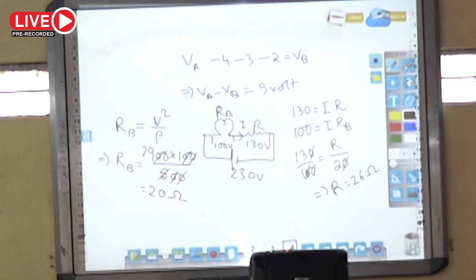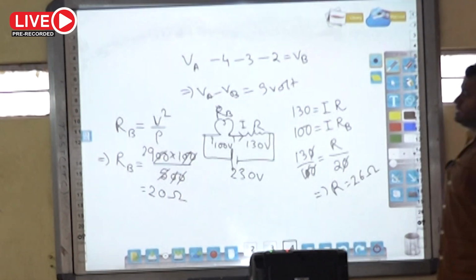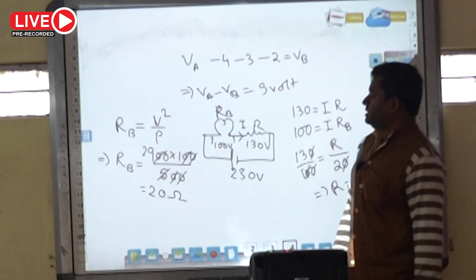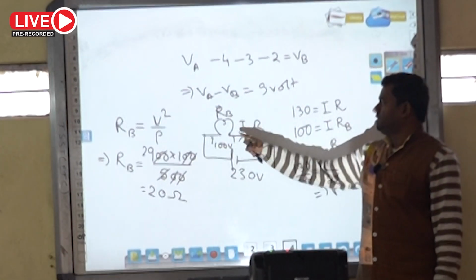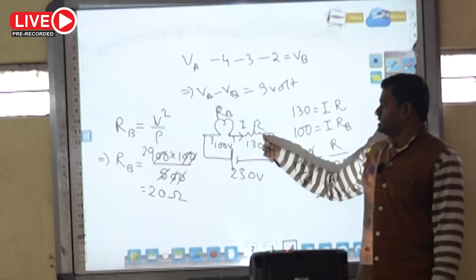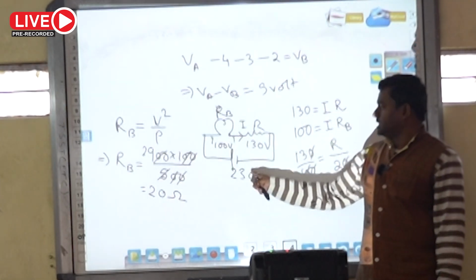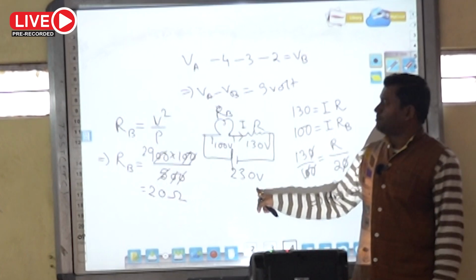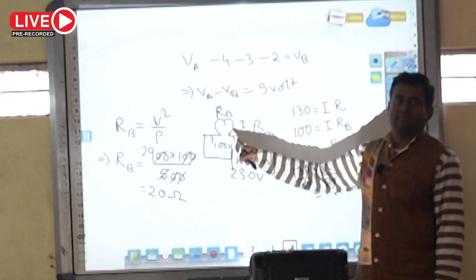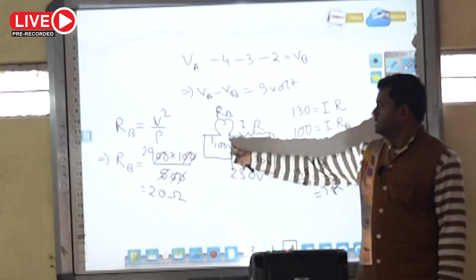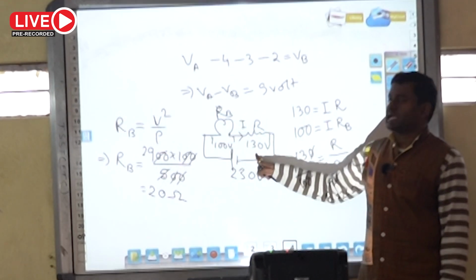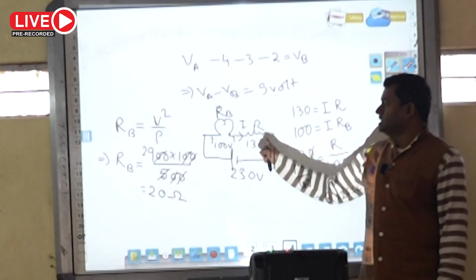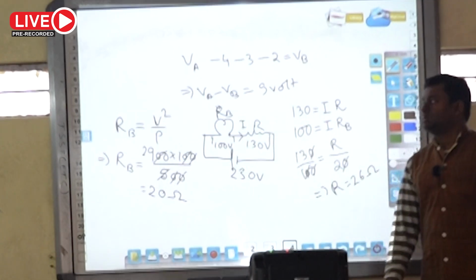Okay. So what we have done? First we calculated the resistance of the bulb, which is 20 ohm. Then we consider that this bulb is connected in series with a resistance R and the entire circuit is connected with a 230 volt supply, and the bulb works perfectly. Means it will draw the same voltage, 100 volt. Then the remaining 130 volt is across R. Since they are connected in series, the current through them is equal.